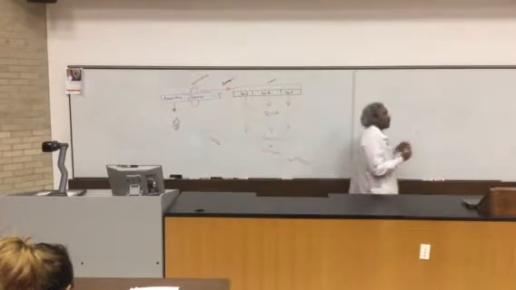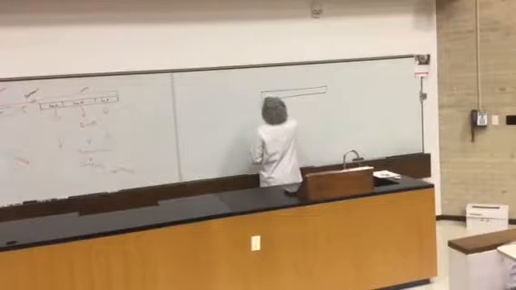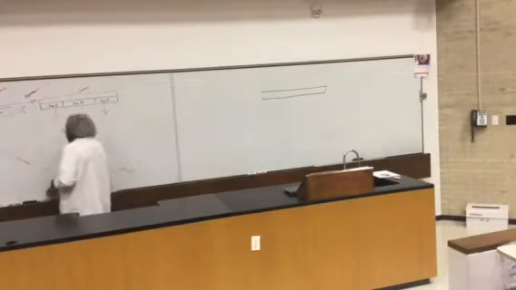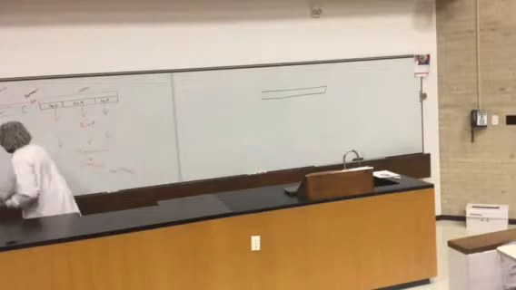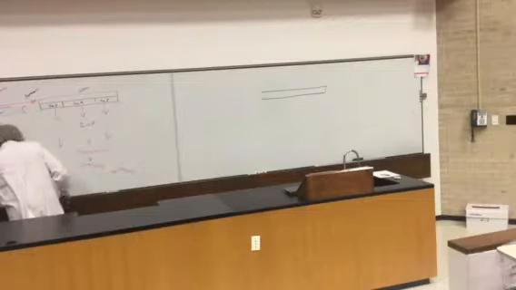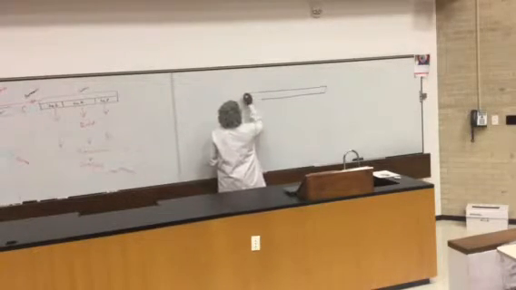Now, let's look at your repressible ones. So, once again, the repressible ones. So this is the trp operon? Yes. So you have the same thing here. You have the operator.